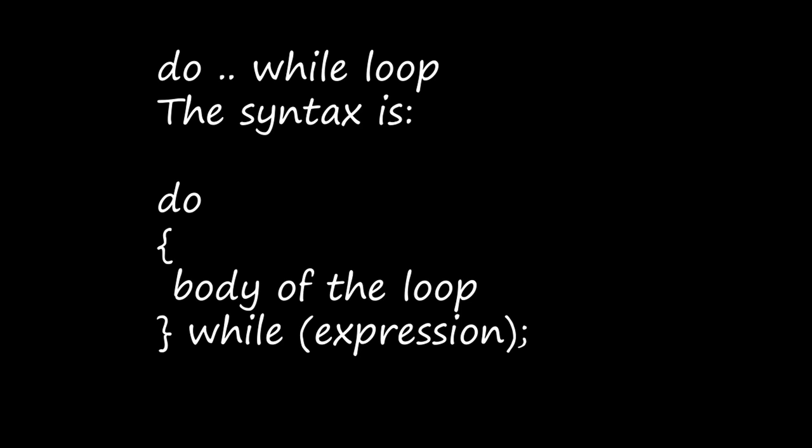That means if you use a do while loop, first the statements will be executed, and at last comes the condition or the while expression. After that it will check the condition, and if the condition is true, the code will be executed again, and again it will check the while expression.